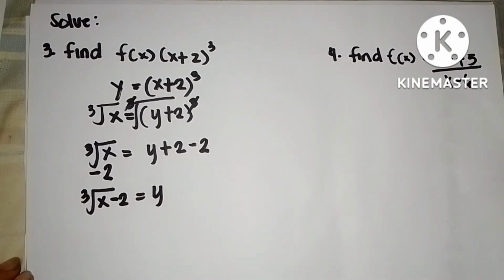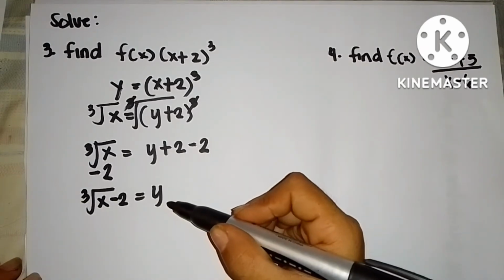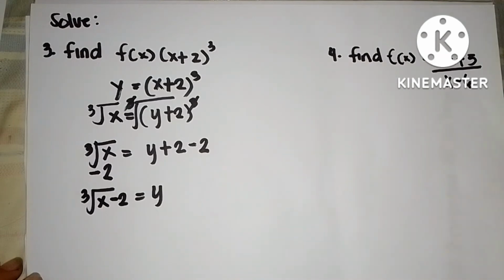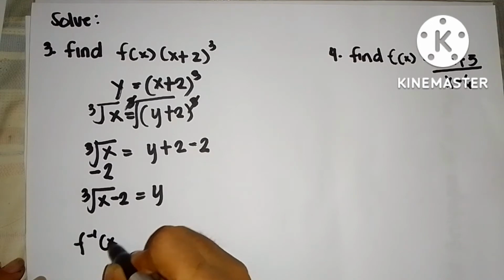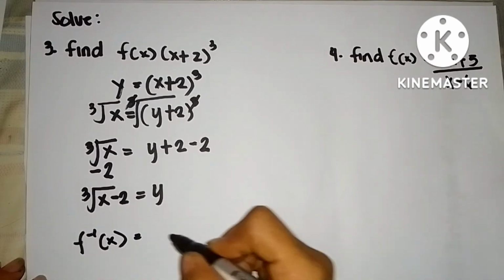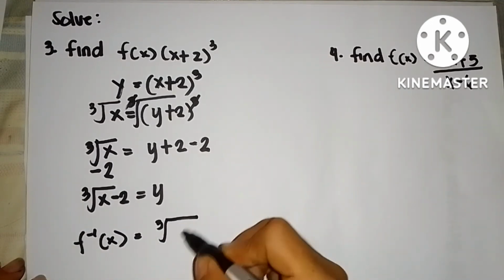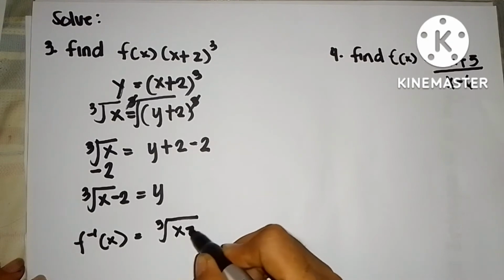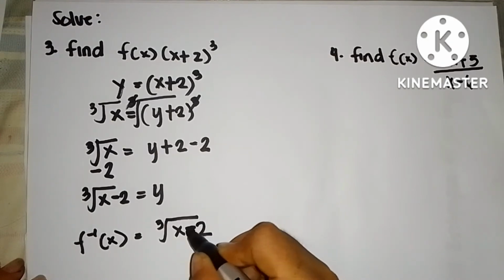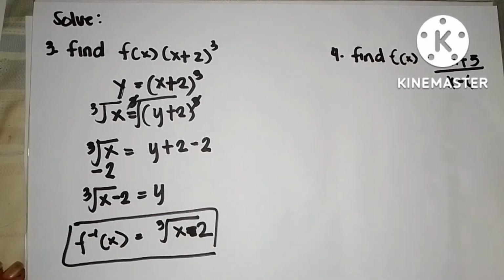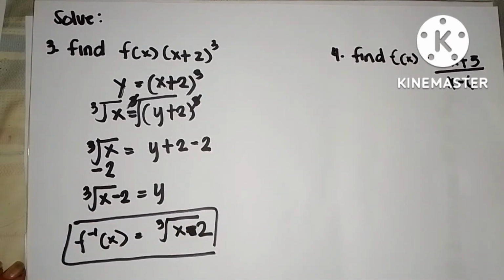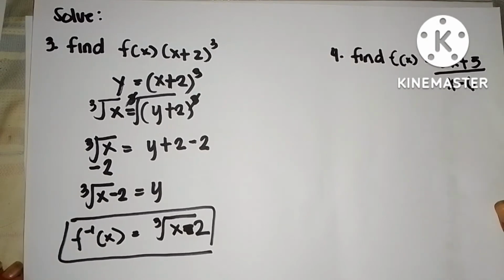And after that, y will become the inverse function. So we have the inverse function equals the cube root of x minus 2. So this will be the result for the function (x plus 2) cubed.